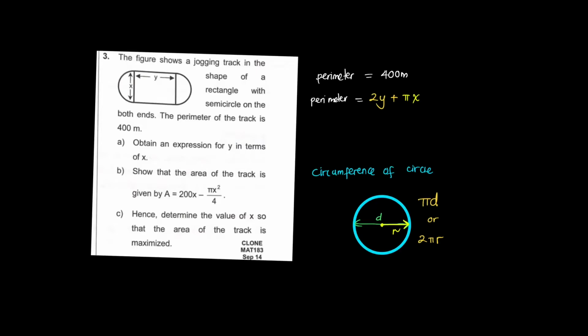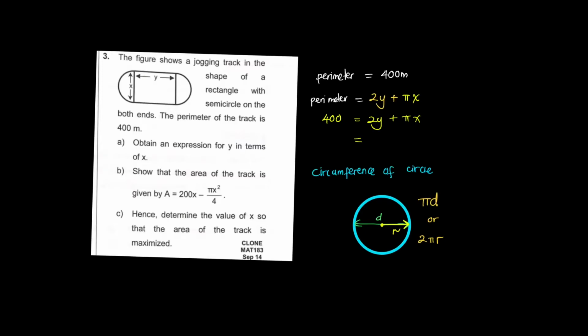Now we can answer the first question right here. A, obtain an expression for y in terms of x. So we need to express this y in terms of x. Given the value of perimeter, we can directly substitute 400 into this equation, equals to 2y plus pi x.